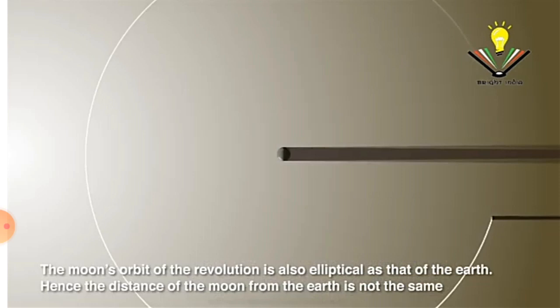Hence, the distance of the moon from the earth is not the same everywhere along its orbit while revolving. When it is closest to the earth, it is said to be in perigee, and when it is at the farthest, the position is called apogee.